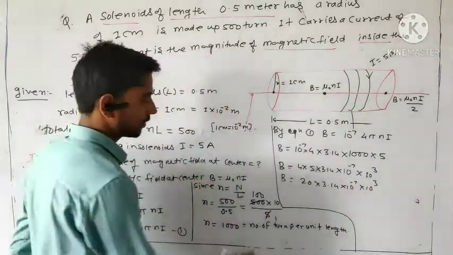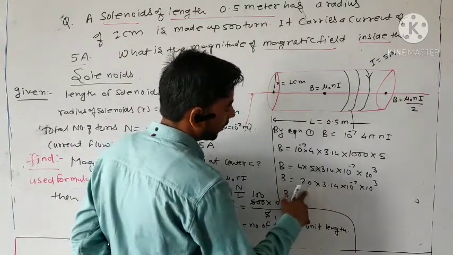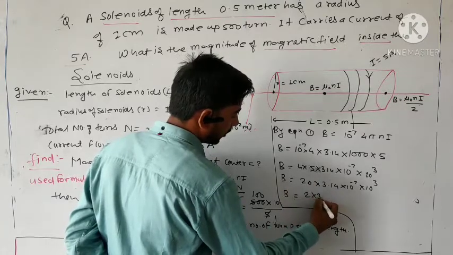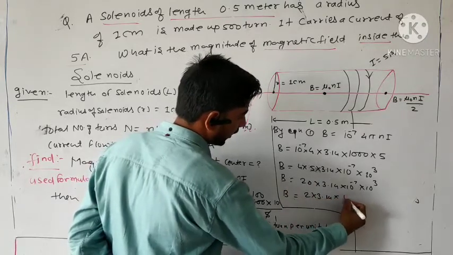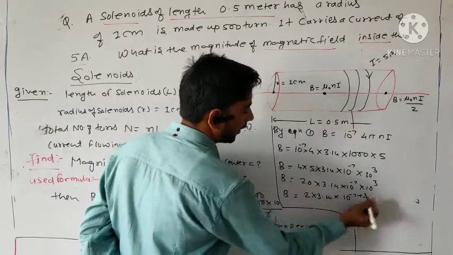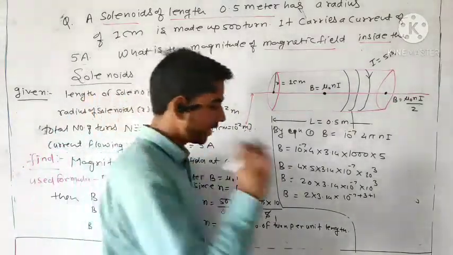Taking 10 out of 20, we can write 2 into 3.14 into 10 to the power minus 7 plus 3 plus 1, since the 10 becomes 10 to the power 1.